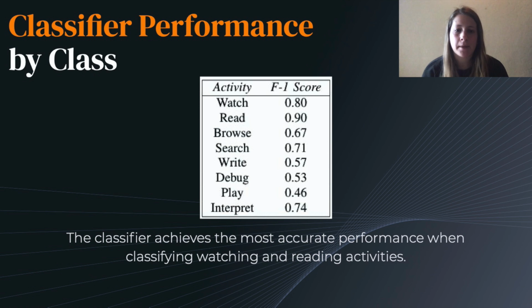When we broke it down by class, we were able to see that the watching and reading activities were the easiest to identify. This could be due to the distinct patterns of watching a video or reading a book. The models had a little bit more trouble identifying the debugging and playing activities, meaning that maybe the patterns weren't so obvious for the model.